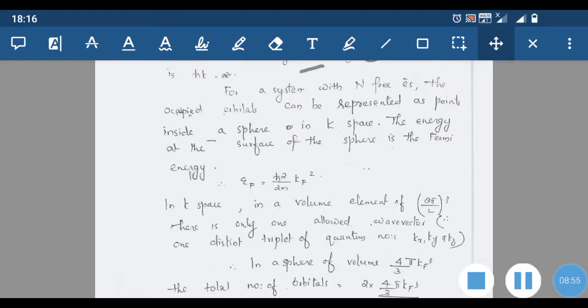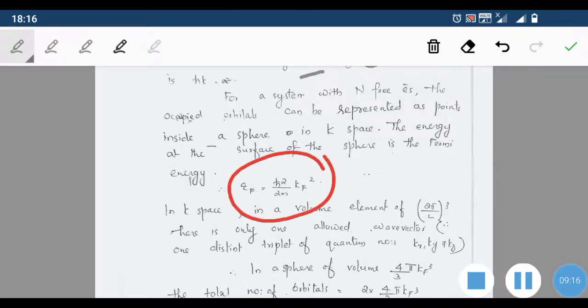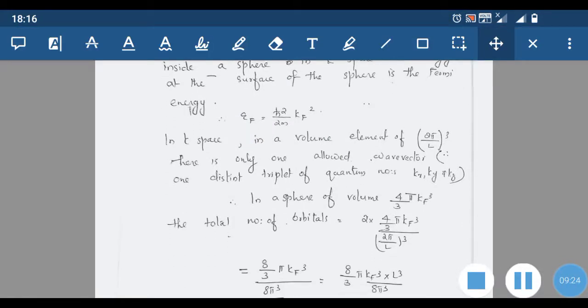All the electrons which satisfy the boundary conditions imposed by the three-dimensional box can be assumed to be points inside a sphere in k space, and the energy at the surface of the sphere will be the Fermi energy, and the expression for Fermi energy is h cross square by 2m into kf square. The importance of k space is that in a volume element of 2 pi by L the whole cube, there is only one allowed wave vector, that is, one distinct triplet of quantum numbers kx, ky and kz is allowed.